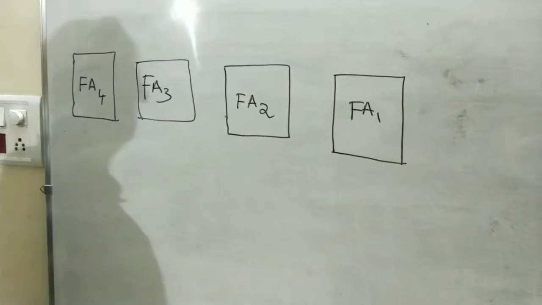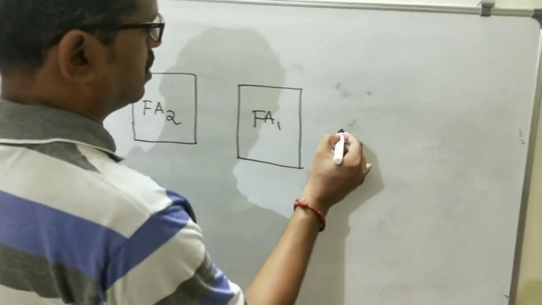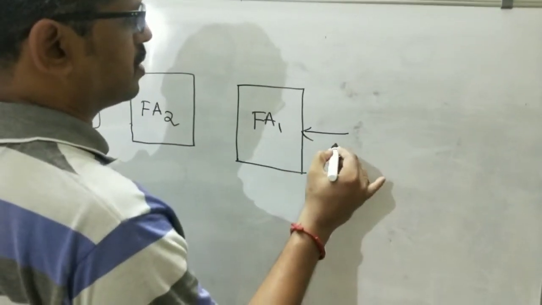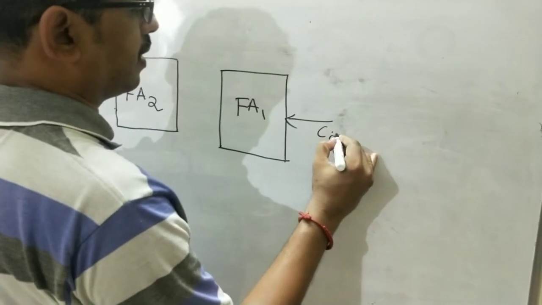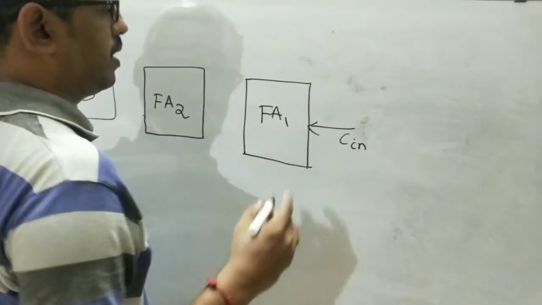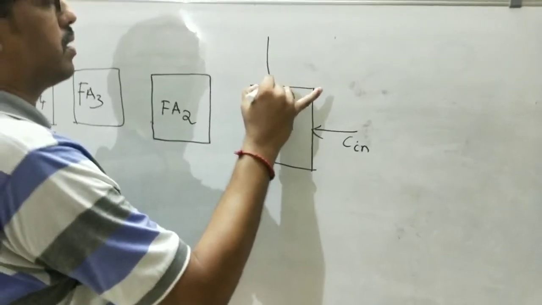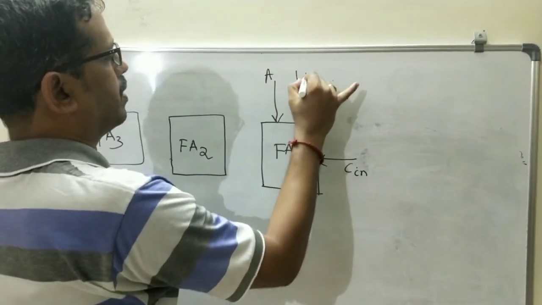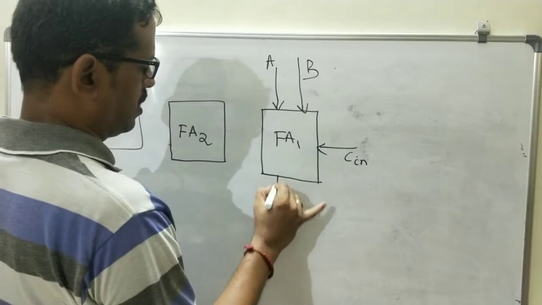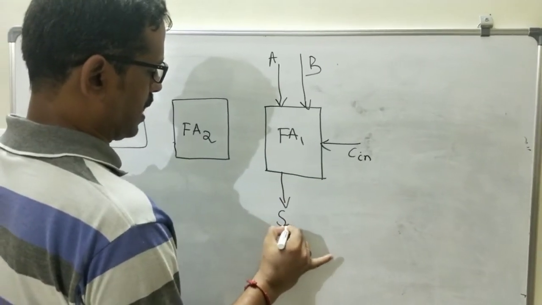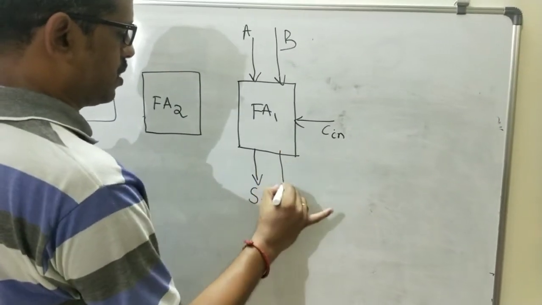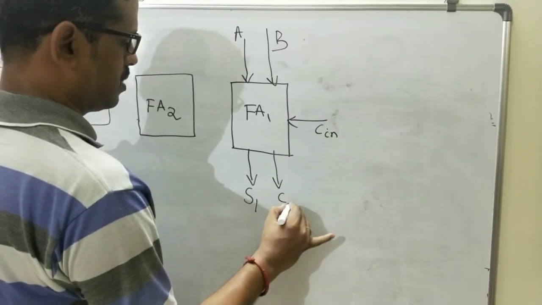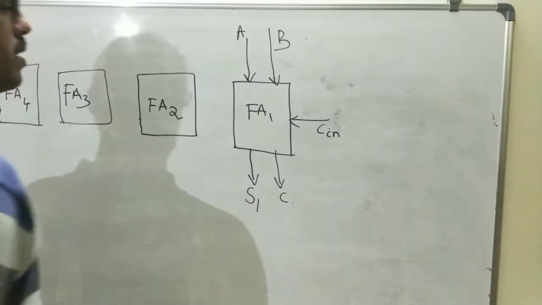So how is it going to work? Cin, and then A, B, and then some carry. S1, C1.